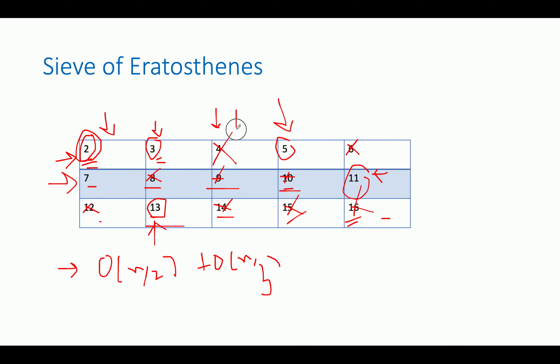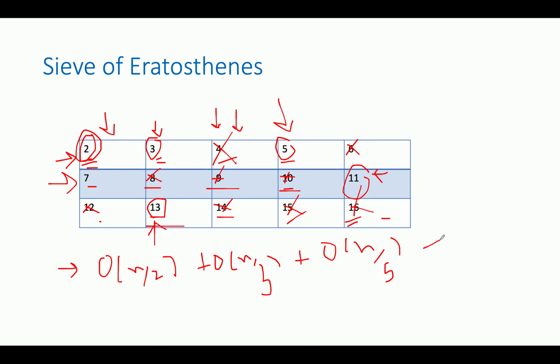And when the number was 4, you didn't do anything because it was already deleted. And then comes 5. What is the time complexity for the fifth operation? Order of n by 5, because you deleted every fifth number in the list.